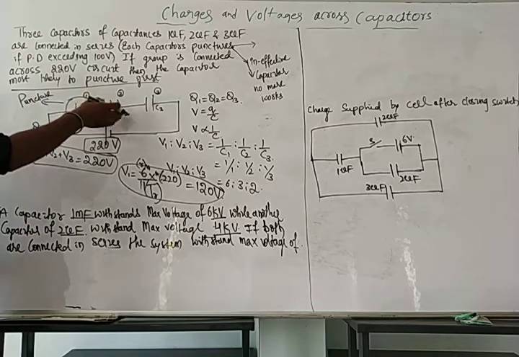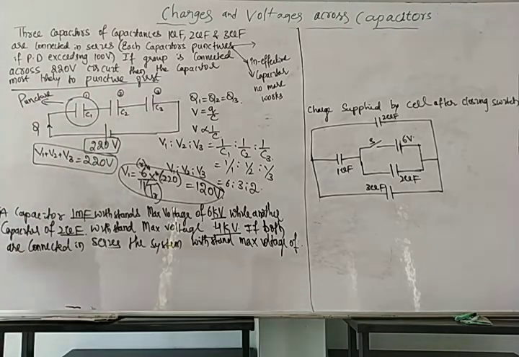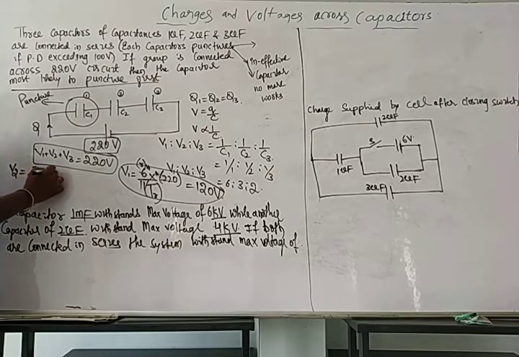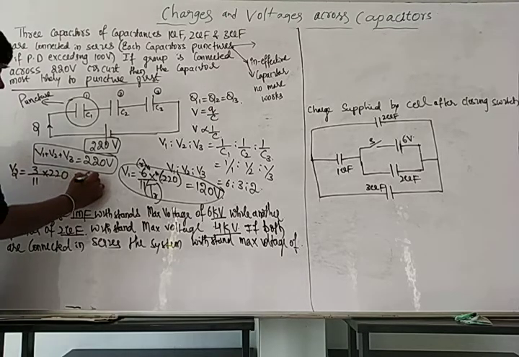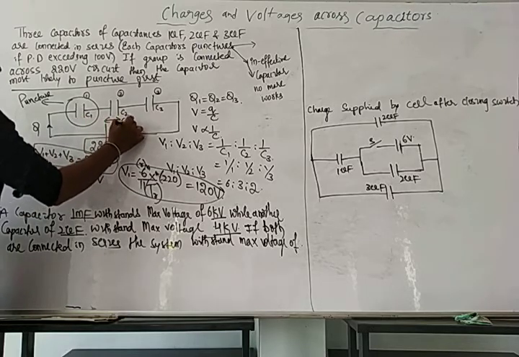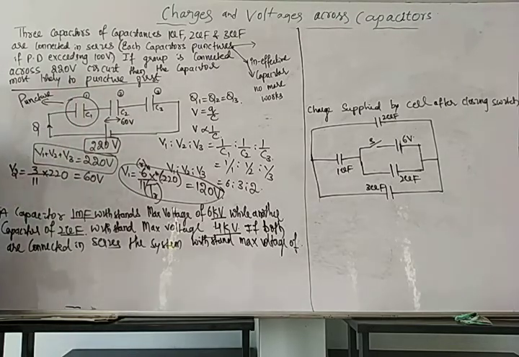Now with respect to capacitor 2 and 3, according to the given condition I can write V2 is equal to ratio 3, total ratio 11, into 220. It will become 3 into 20, 60 volt. It is less than 100 volt, no problem, it will not get punctured.